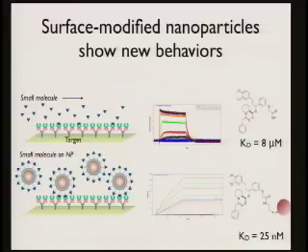Number one is we can take small molecule drugs, which are not very useful currently because of weak KDs, and convert them into high affinity binders. And number two is we can take nanomaterials and derivatize them with small molecules to achieve new functions on these nanomaterials. So we have used both of these concepts for two major applications.